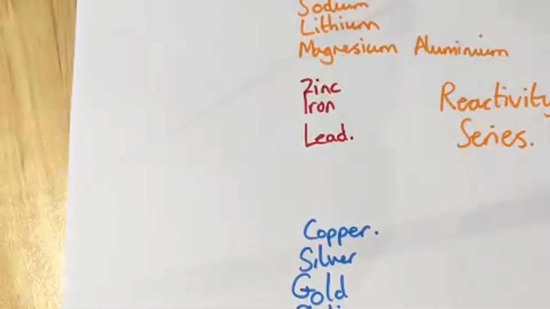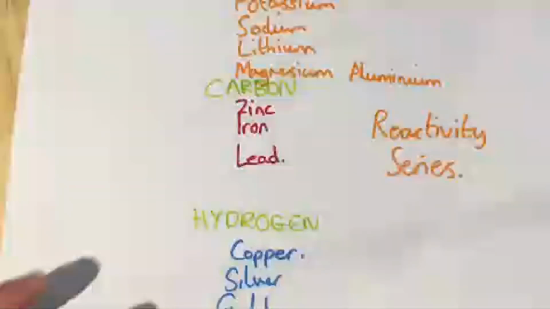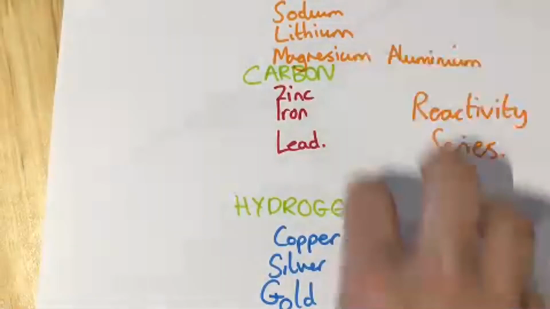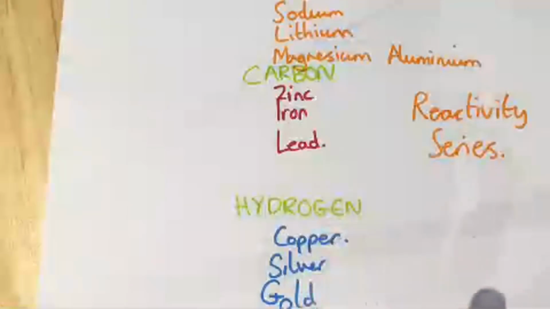I've left these half gaps here for a deliberate reason, because in here we could put carbon, and in here we could put hydrogen. Now, if I want to extract a metal, this is a little bit more paper two, but the reactivity series is important for displacement reactions.